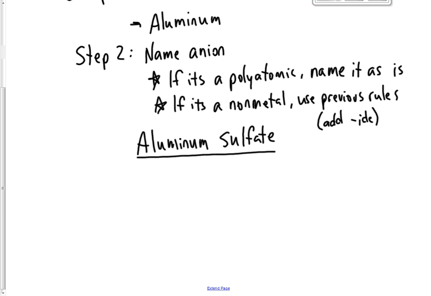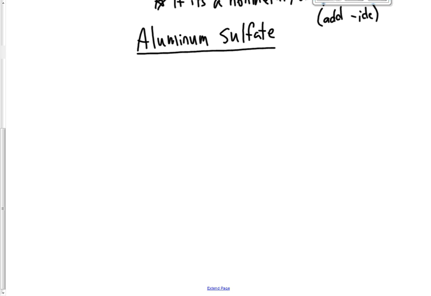Let's look at just another example here. Magnesium. You're going to name the cation.